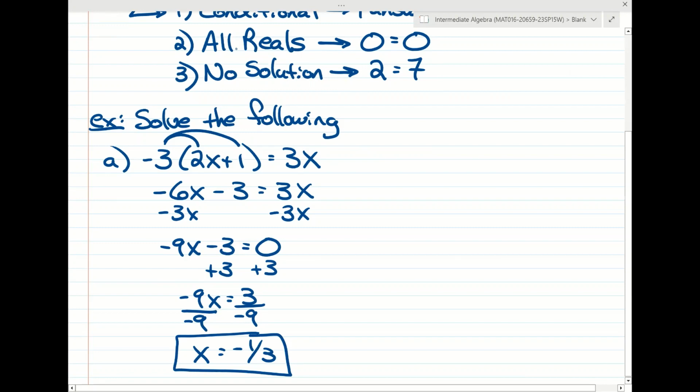We would call that a conditional solution. All right, so that's the first type of problem.